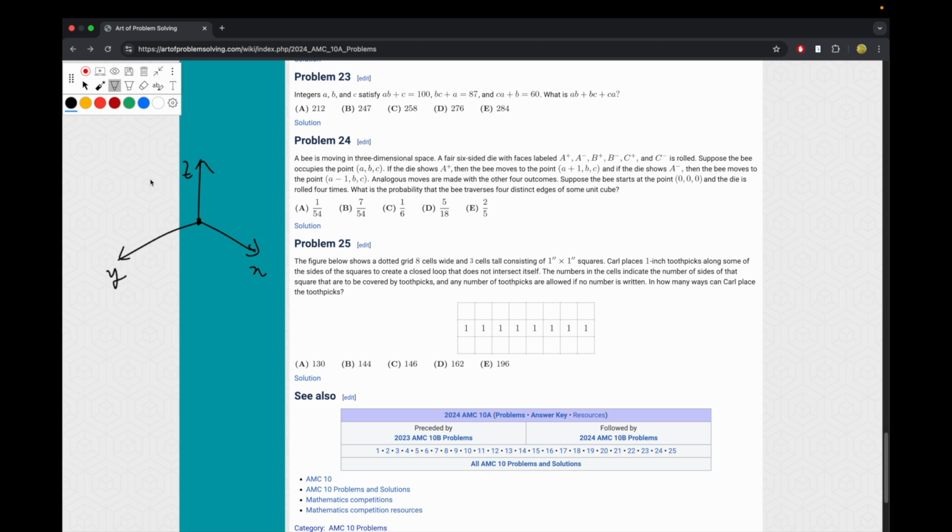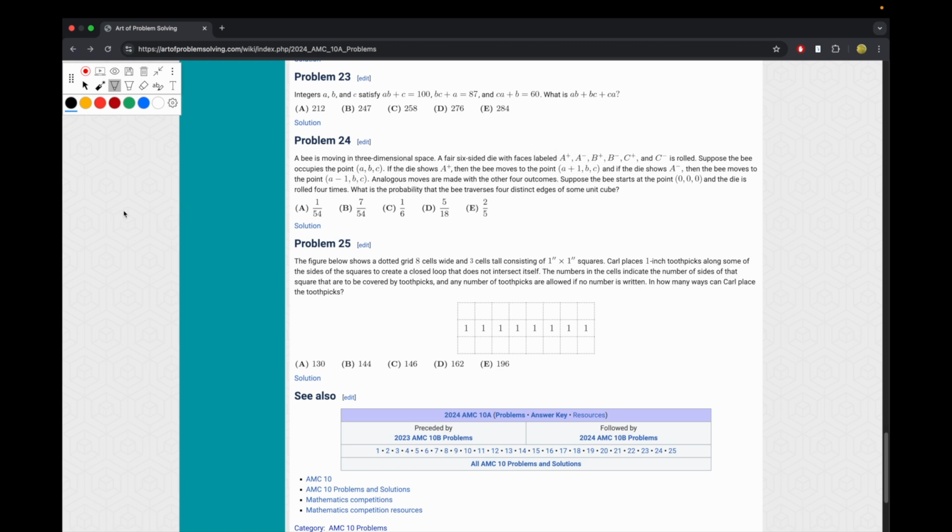I don't know, I want to put x here and y here, but I don't think that's the convention. So what is the problem? I don't think the drawing will really help there. So the total number of cases of traversing four distinct edges of some unique cube is, we have 8 choices first.